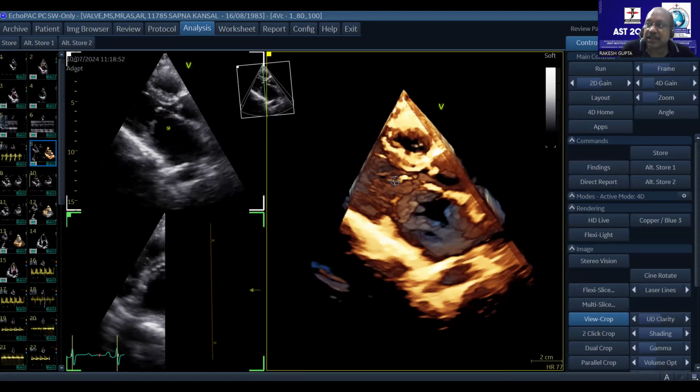Subvalvular thickening means thickening distal to the mitral valve leaflets. Then these cords are thickened. If the cords are thickened and fibrosed, the lesion is not a valvular lesion, the lesion is a subvalvular lesion. In those cases, what will happen? If I calculate a mitral valve area at this point, it will be normal, but the gradients would be high. So this image is telling you, look, the cord involvement is almost negligible.